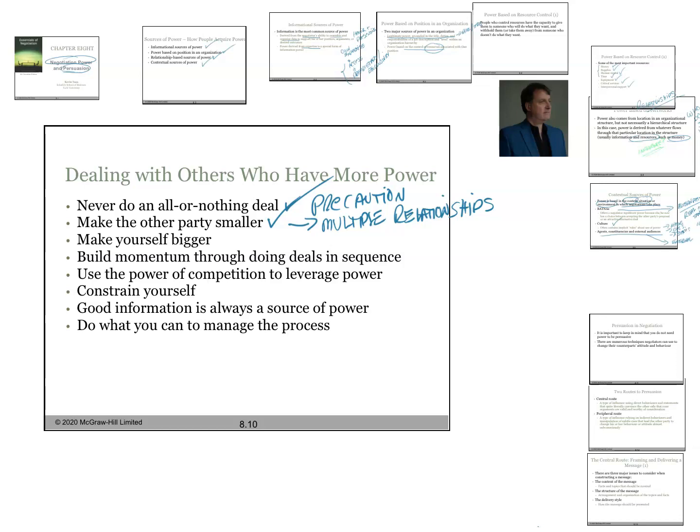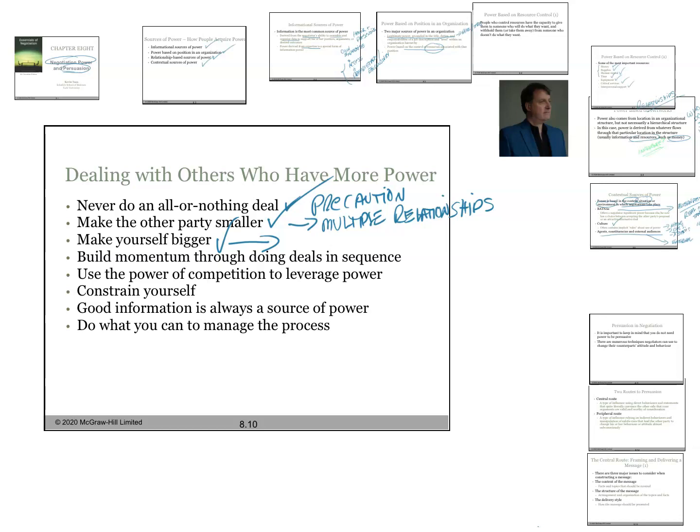All of a sudden you have multiple smaller parties as subgroups of this larger entity that you're working with. By contrast, making yourself bigger is about going into a negotiation with a coalition of other small parties to help increase your power in the negotiation.